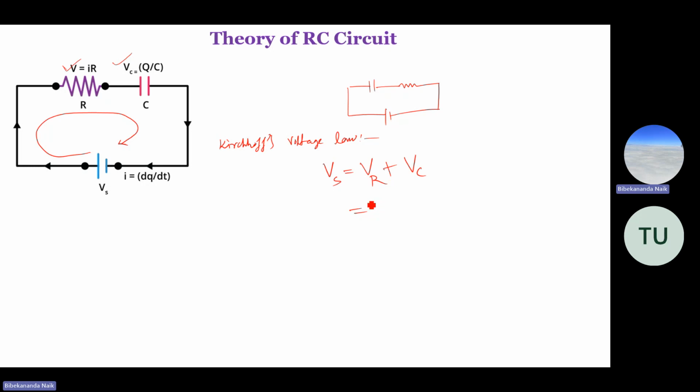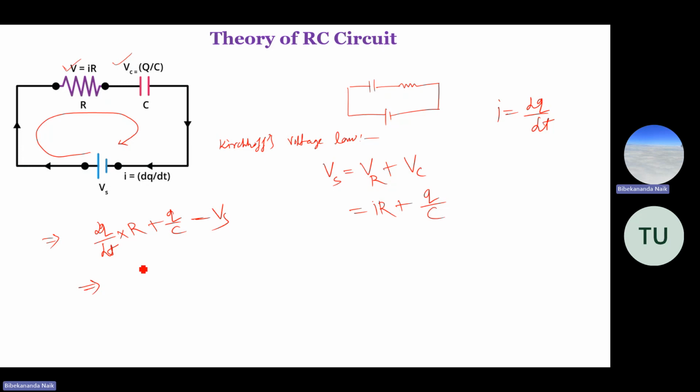The voltage across the resistor is V equals IR, where I is the current and R is the resistance, plus, for the capacitor, V equals Q by C, where Q is the charge stored in the capacitor, because a capacitor is used to store electric charge. We know I equals dq by dt. If you put this in the equation, we get dq by dt into R plus q by C equals Vs.